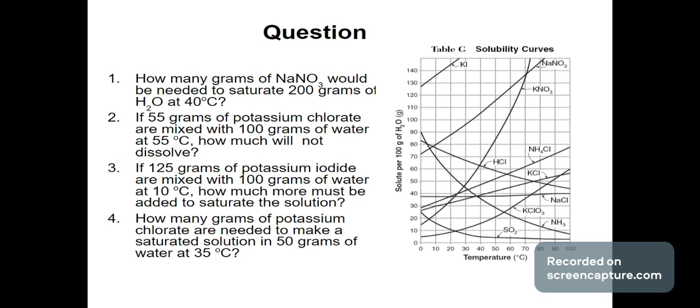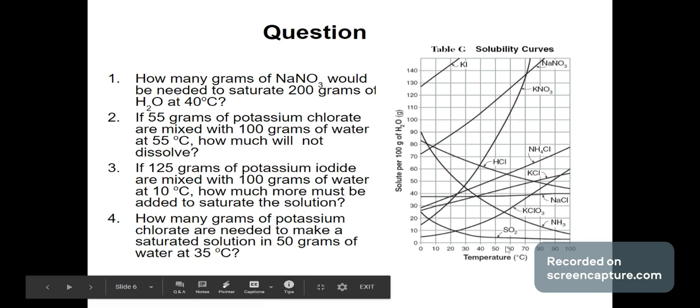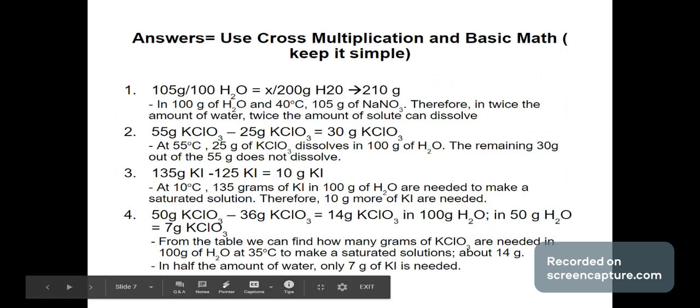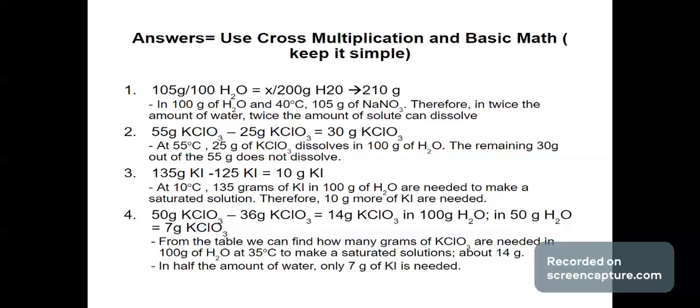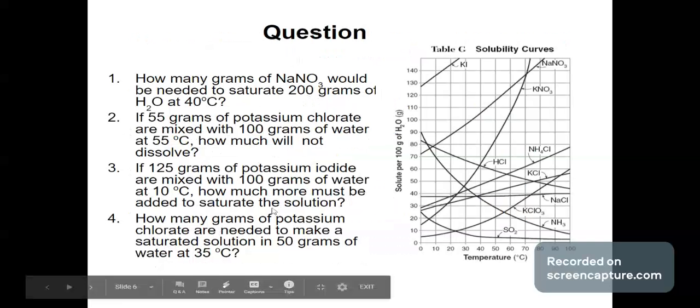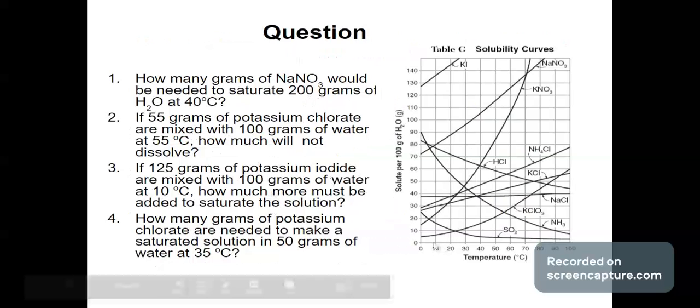That looks like 25 grams of potassium chlorate at 55 degrees Celsius. So we take 55 minus 25, which gives us 30. So the answer is 30 grams that would not dissolve.